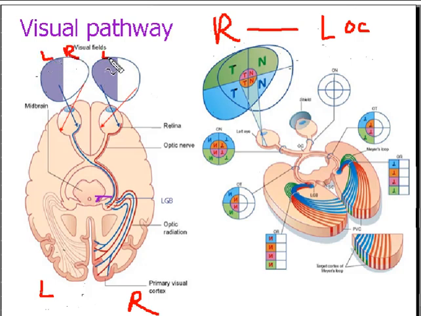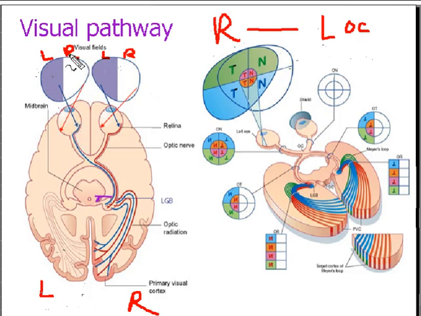Now just follow my pen, and if you notice, everything in the visual pathway is kind of opposite. Light from the left field of vision will strike the right half of the retina, and light from the right field of vision will strike the left half of the retina.